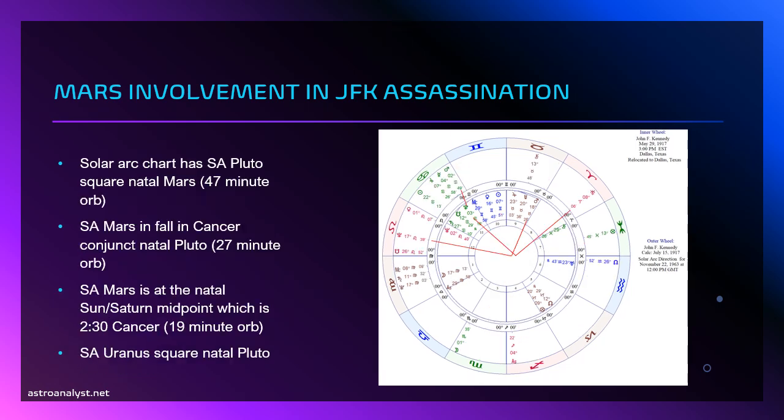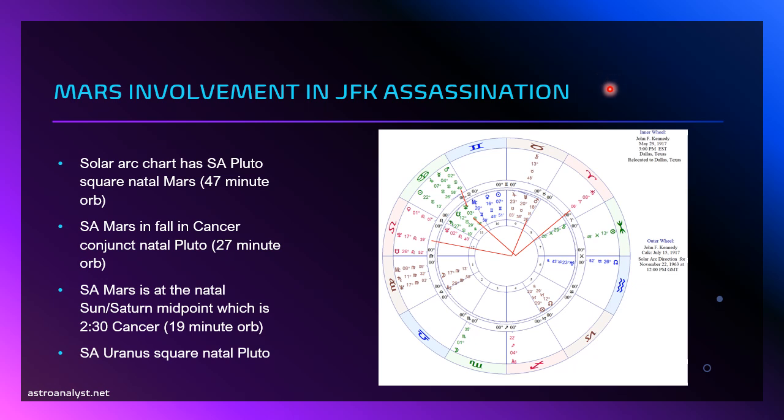All right, now we're looking at JFK's solar arc chart, and I need to explain what that is for people that don't know. Typically, when we talk about progressions, we're looking at secondary progressions, where we look at the ephemeris, which lists all the planets' positions by day over a long period of time.